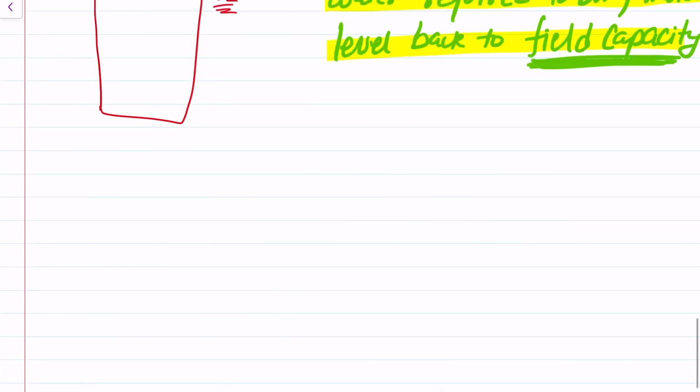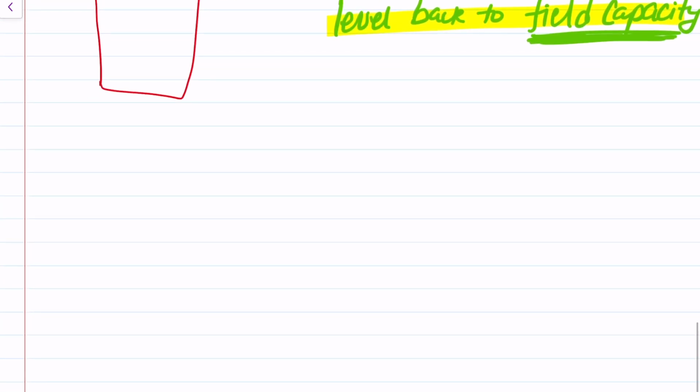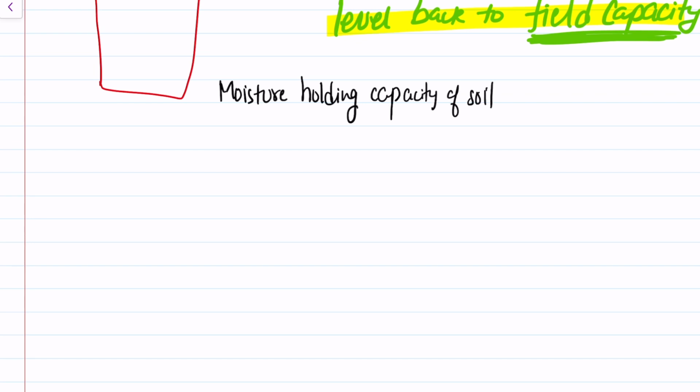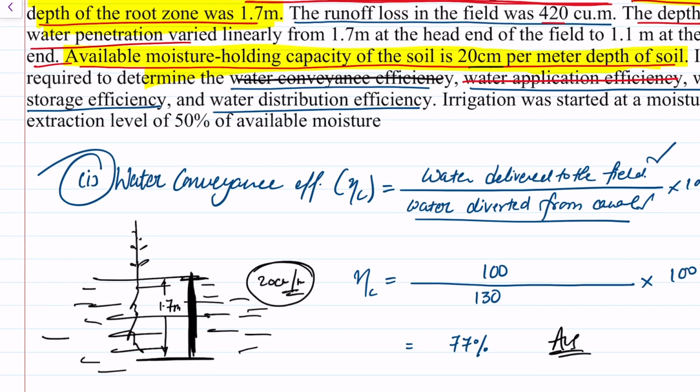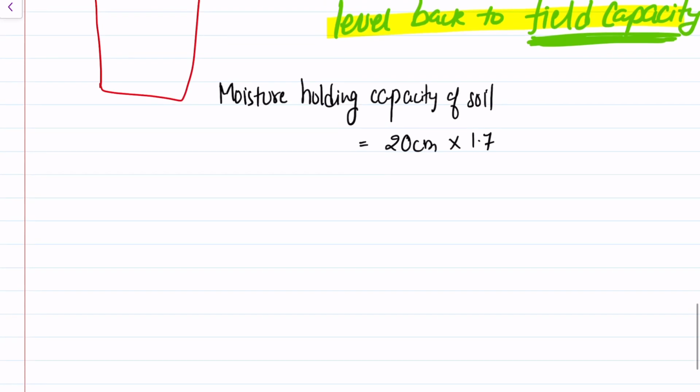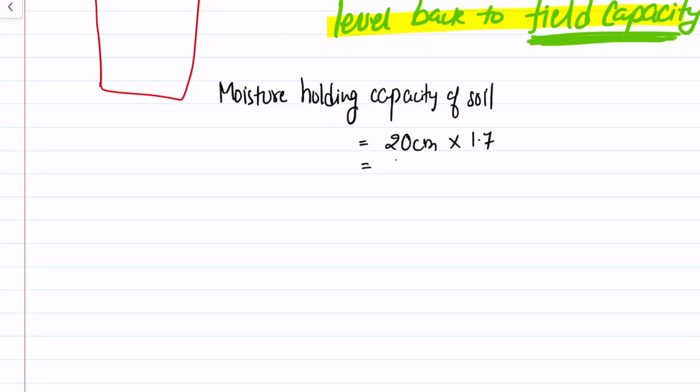So the moisture holding capacity of soil will be 20 centimeter into 1.7. Why? Because for every meter, 20 centimeters of moisture is being held. So this will be 34 centimeter.